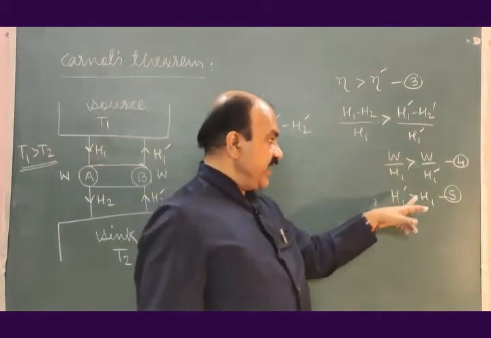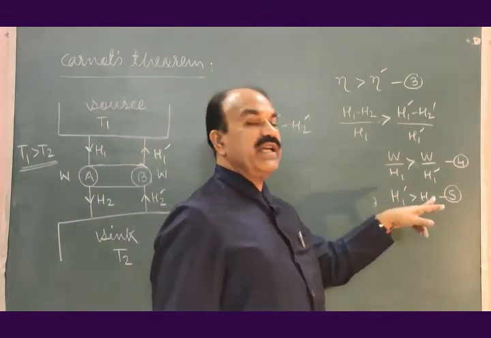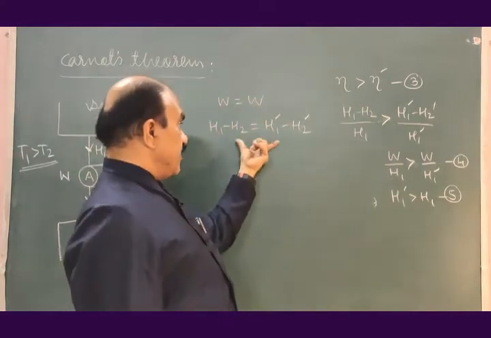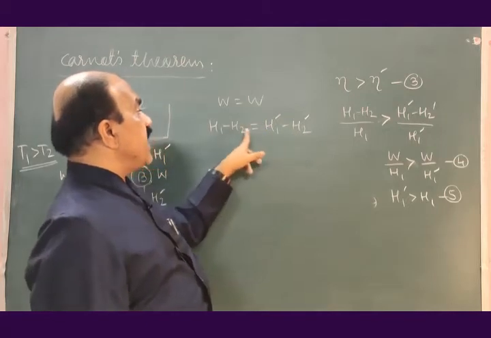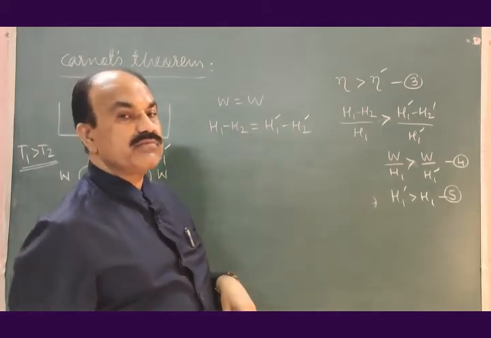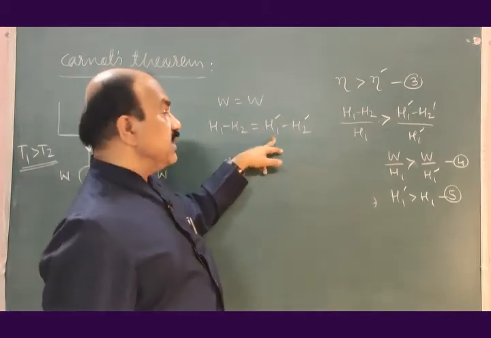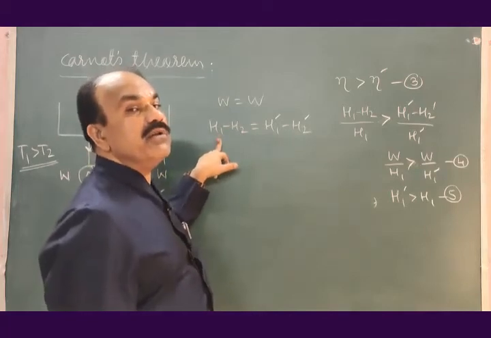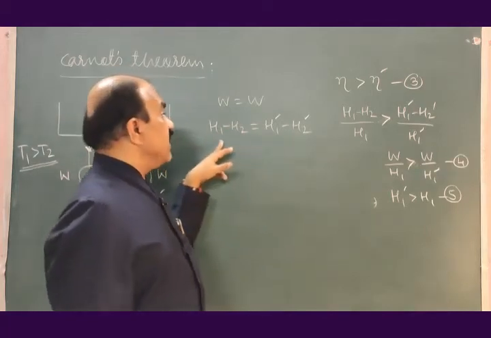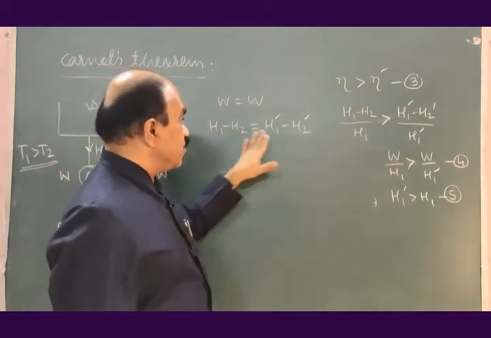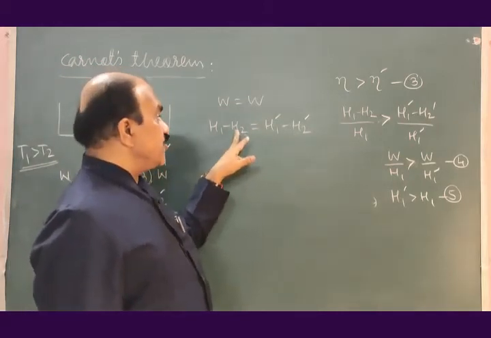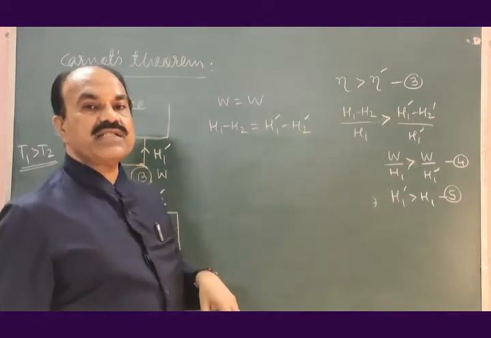From equation 5, H1 dash is more than H1. For these to be the same, how should be the values of H2 dash and H2? H1 dash is more, H1 is small. For these to be equal, how should H2 and H2 dash be?